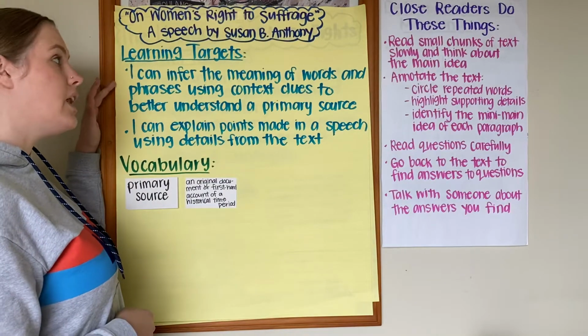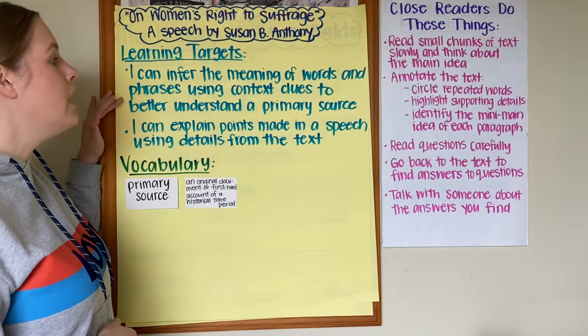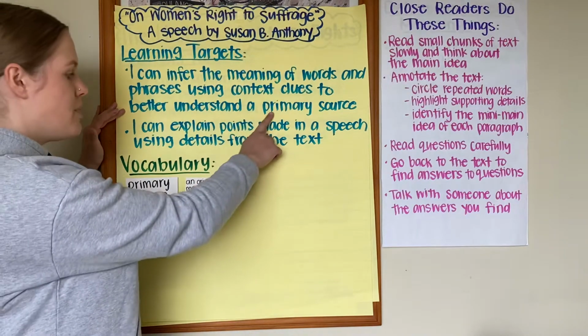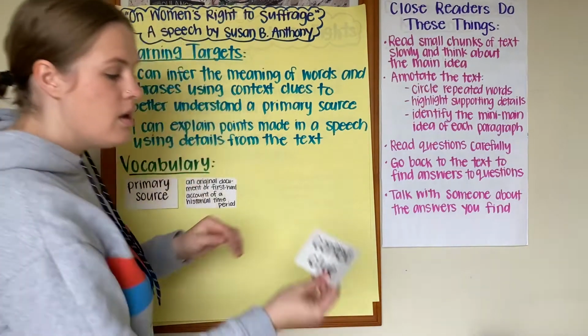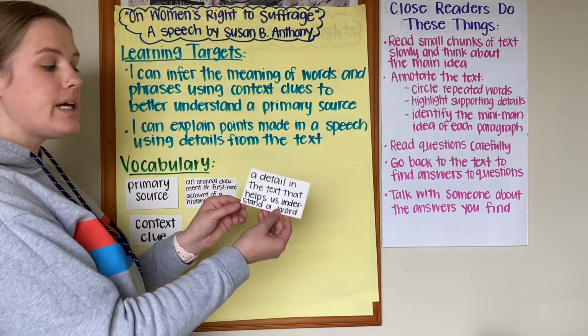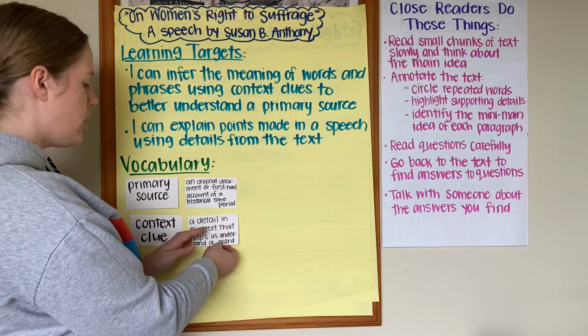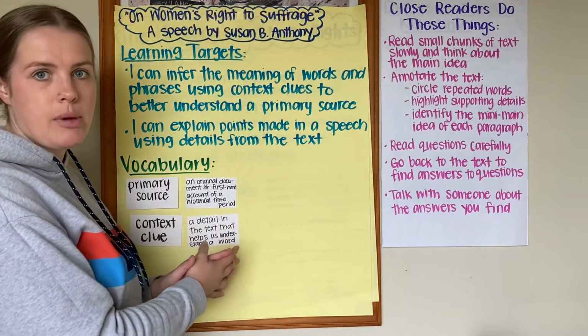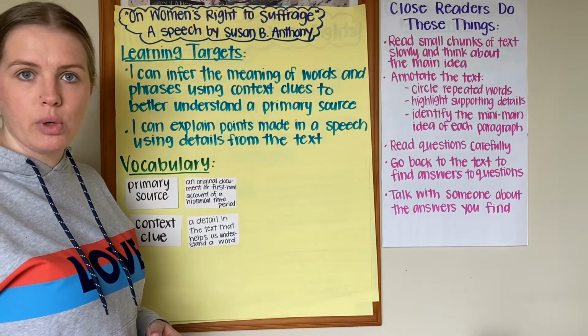Today's learning target, or what you should know or be able to do by the end of the lesson, is I can infer the meanings of words and phrases using context clues to better understand a primary source. You might be thinking, what's a context clue? A context clue is a detail in the text that helps us understand a word. We started doing some of this work last week by thinking about strategies we can use to help us understand unfamiliar words.